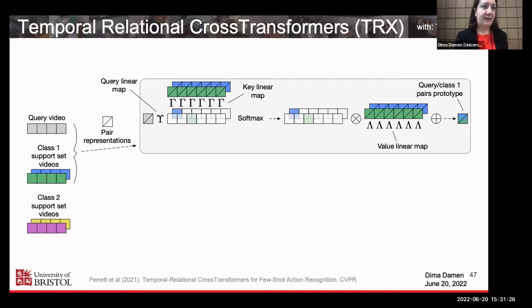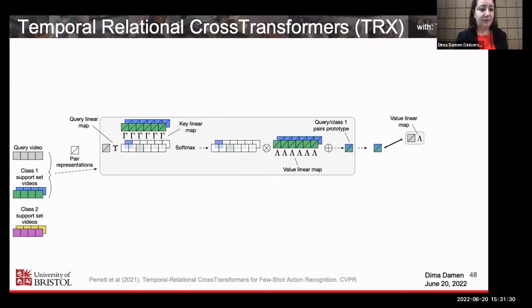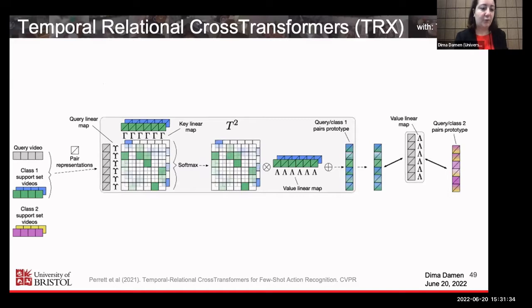Of course, we started here by only a pair of frames from the query video. That might not be sufficient. Of course, you can compare that to the query, but we want to do that also for all possible combinations of frames. So what you have at the end is this representation of class 1, this representation of class 2, but that has attended to your query video to know what really is most similar.